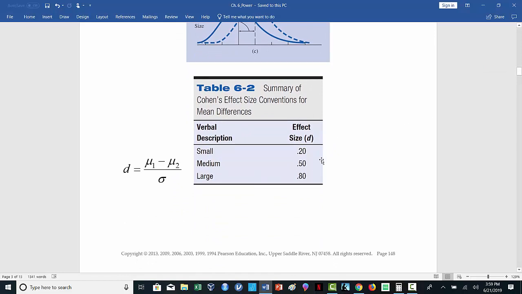So in terms of what the 0.2, the 0.5, and 0.8 mean, a 0.2 is saying the size of that difference between two means is 0.2 standard deviations. Even a 0.8 is 0.8 standard deviations. So within psychology, to be honest, I'm not exactly sure where these conventions really came from, except that they were based on some, I'd say, limited studies in terms of what's common in psychology.